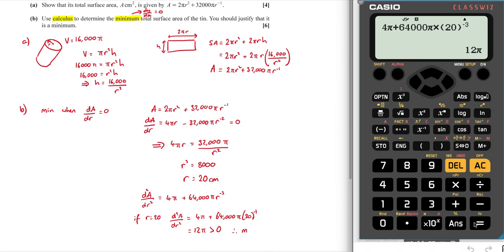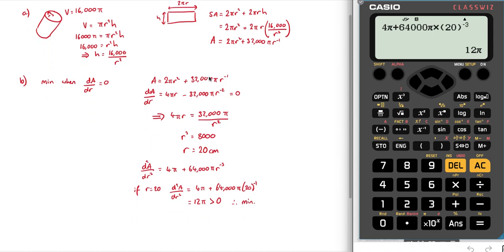Therefore, minimum. So the last thing we want to do is therefore find your minimum surface area. Therefore, minimum SA is going to be 2 pi times 20 squared plus 32,000 pi times 20 to the minus 1.